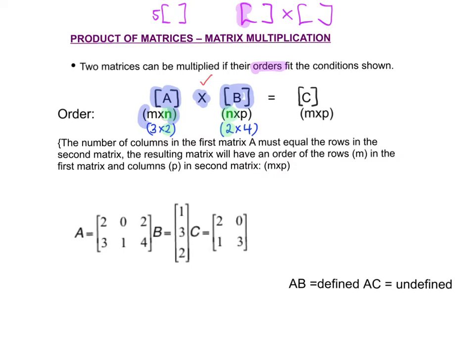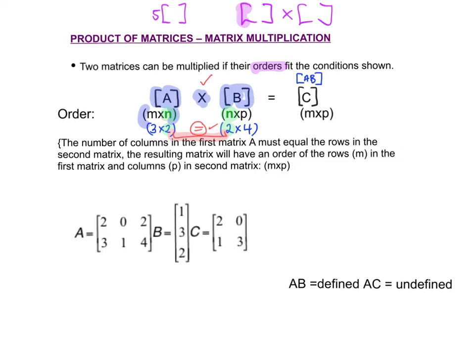So once you can say, yes, we can multiply because these two numbers are the same, I can multiply it. You end up multiplying, and I'll show you how to do that in a minute. But what happens is you end up with this matrix over here. Sometimes we can call it a different letter. Sometimes they call it matrix AB because you've multiplied A and B together.